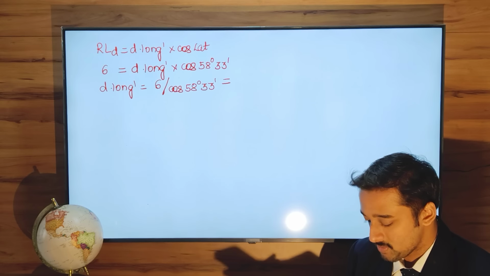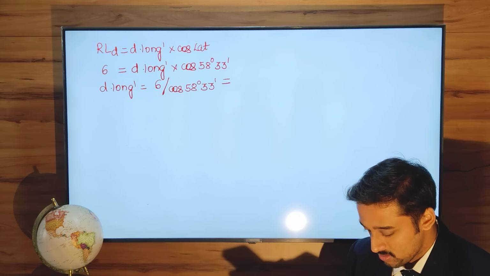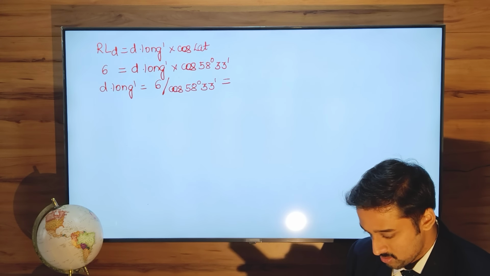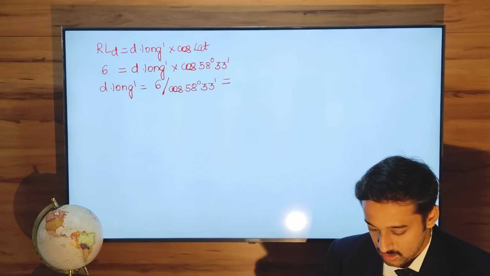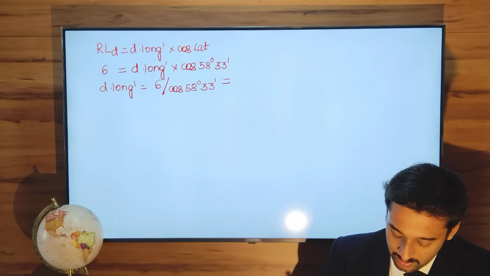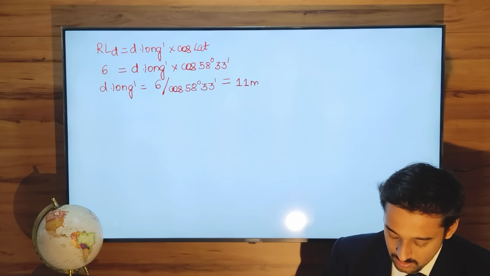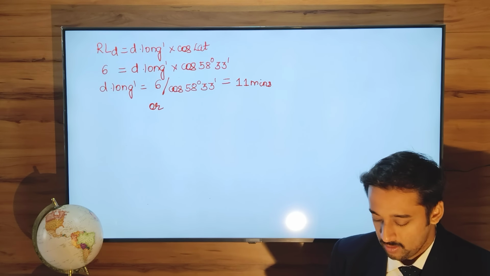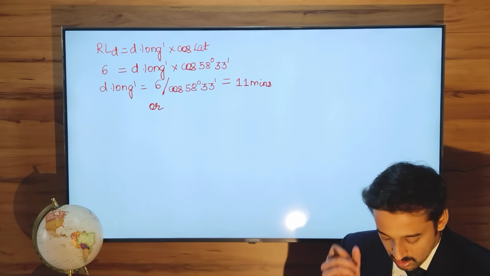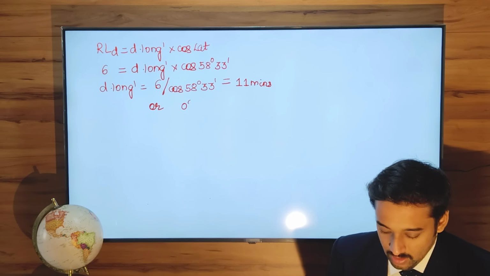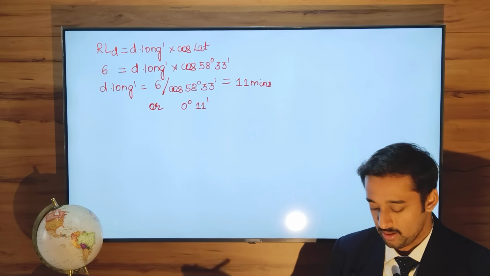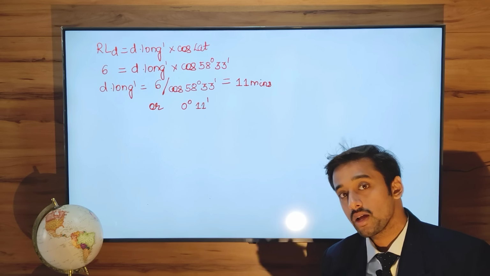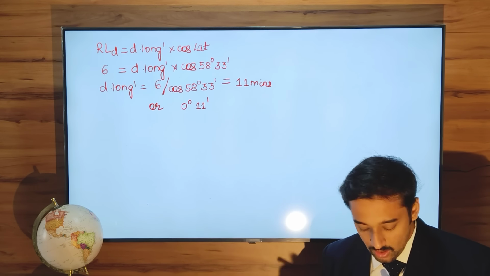Divide it. So that is 11 minutes. Or if you divide it by 60, you get the answer as 0 degrees 11 minutes. So same thing. This is the difference of longitude.